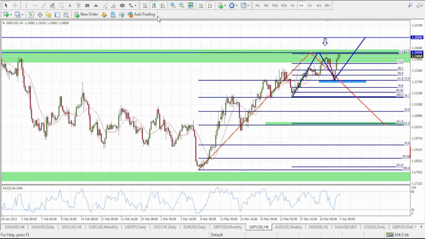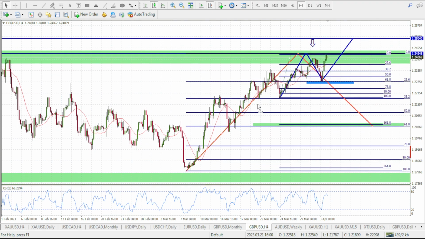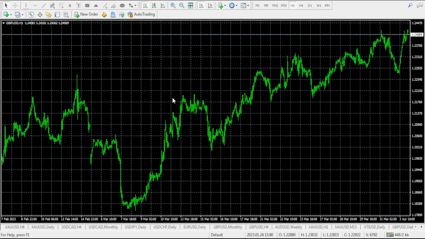So this is now the actual story. Let me think about it. If on the H4 it is showing me that it reversed from the 61.8% retracement from here, this is kind of a problem, I should say.